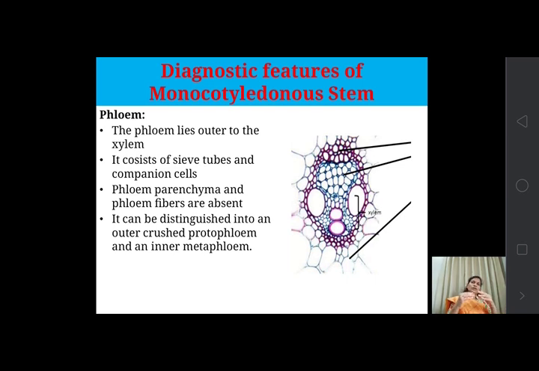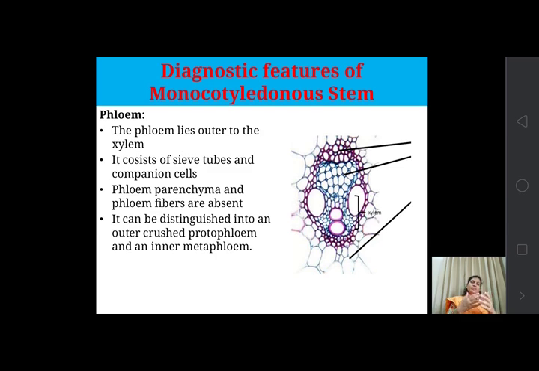So these vascular bundles are oval, conjoined, collateral, and closed type. There is no distinction between pith and pith rays, and the xylem is enlarged. Phloem is represented only by the companion cells and the sieve tubes, and there is metaxylem and protoxylem.